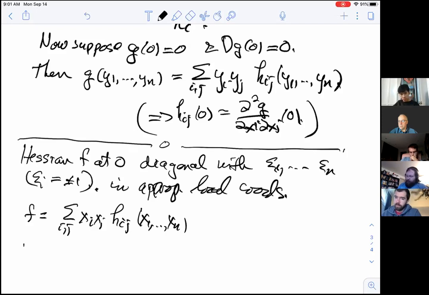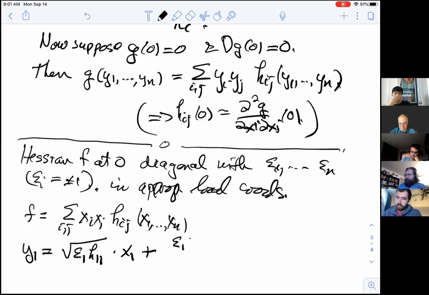So let's start with y1 equals the square root of epsilon 1 h11, I'll talk about that in a second, times x1 plus the sum of epsilon 1 h1i over the square root of epsilon 1 h11 times xi.